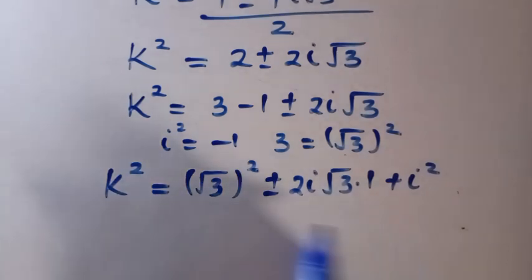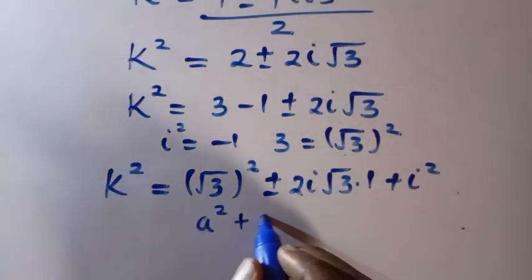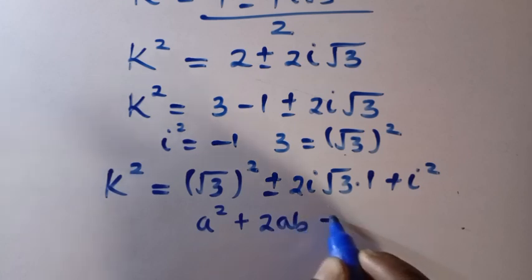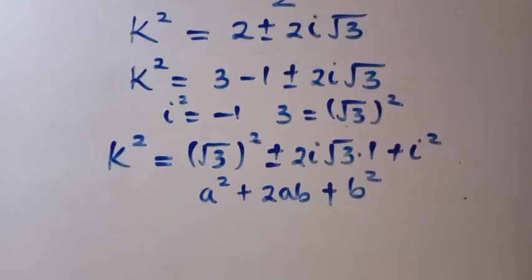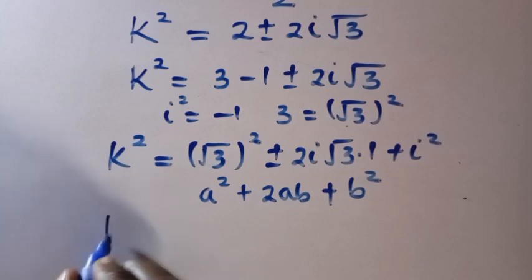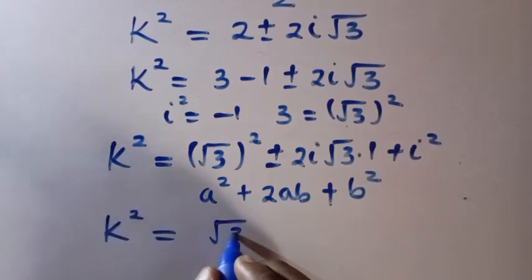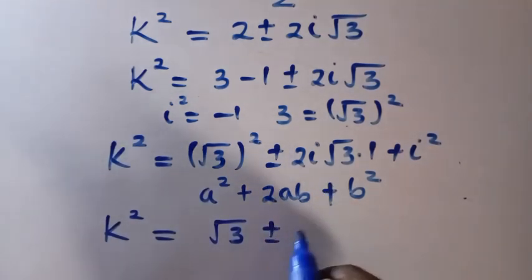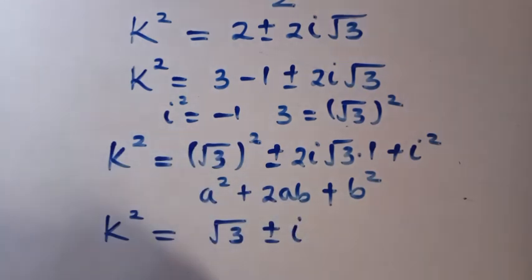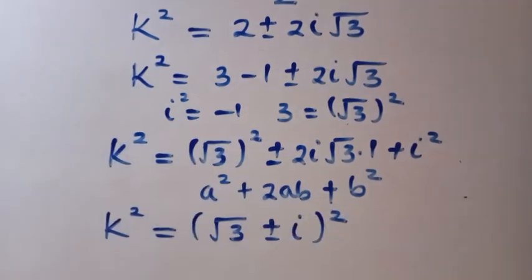So this is in the form of a squared plus 2ab plus b squared, which is a plus b all raised to the power 2. So therefore we consider this as k squared equals square root of 3, plus or minus i, all raised to the power of 2.